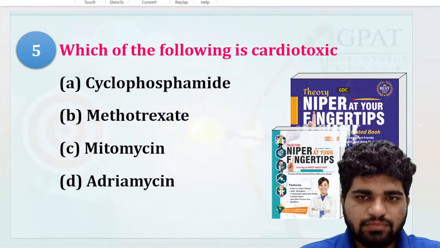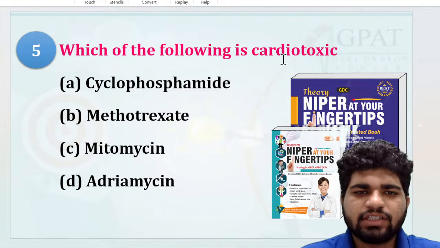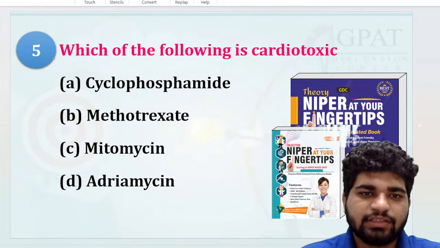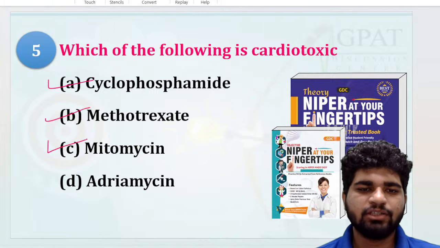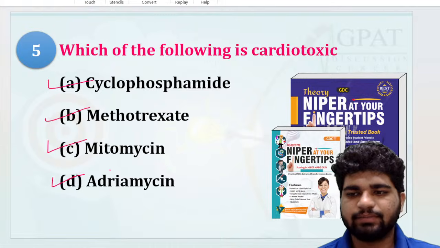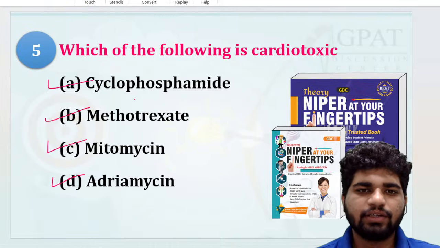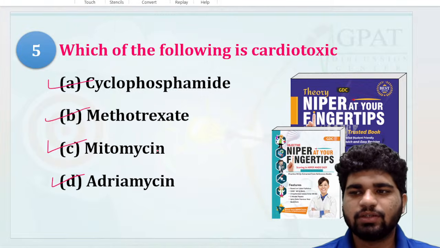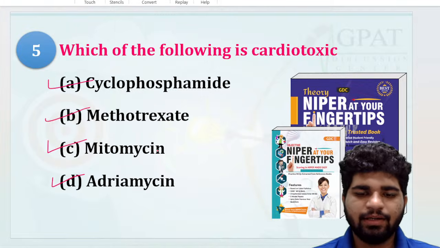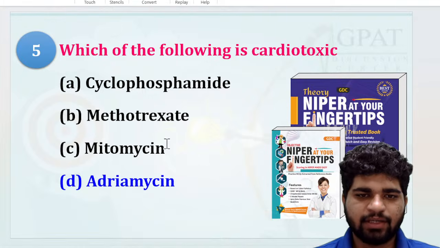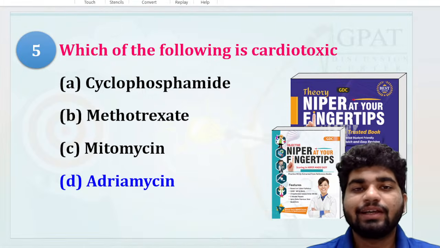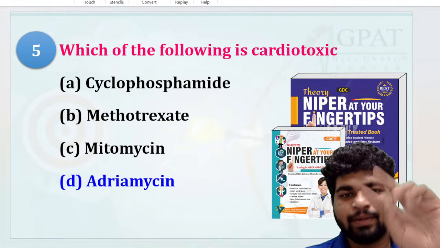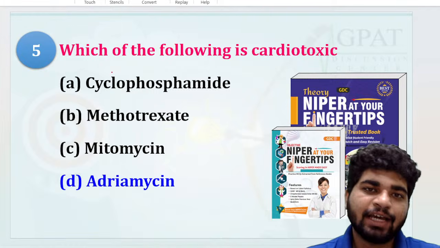Now, which of the following is cardiotoxic, guys? Is it your cyclophosphamide, methotrexate, mitomycin, or adriamycin? That is obviously your adriamycin. Cyclophosphamide has two metabolites, aldophosphamide as well as acrolein.